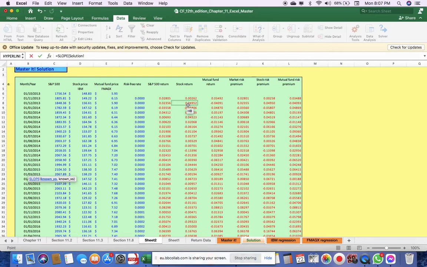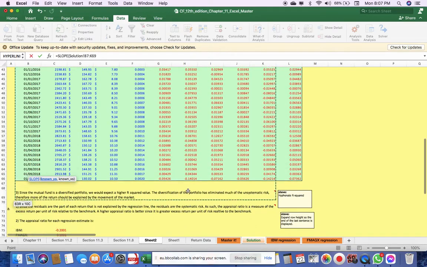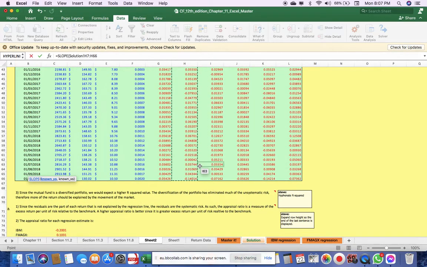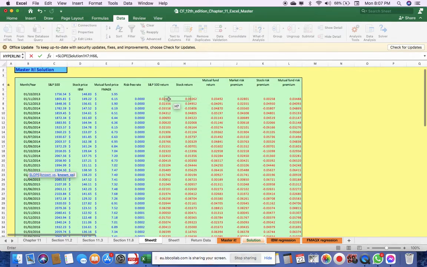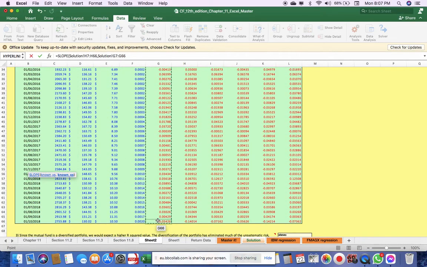You asked me, is it always required to take the Y as the company? I said yes, because Y is the dependent variable. X is the independent variable. So in the Y, just take the stock return. Comma. In the X, you can take the S&P return, the market proxy from 2013 to 2018.